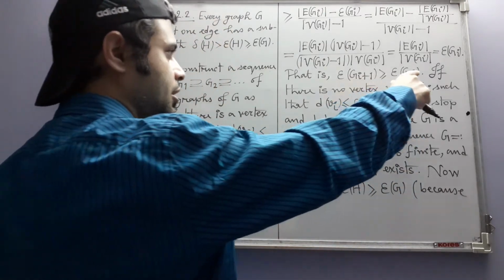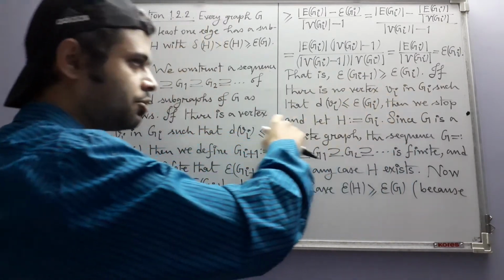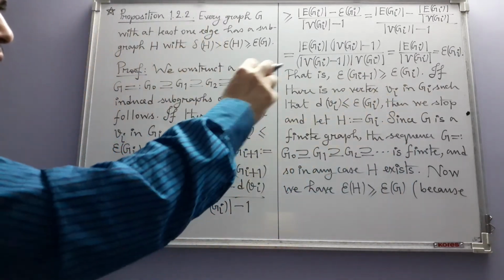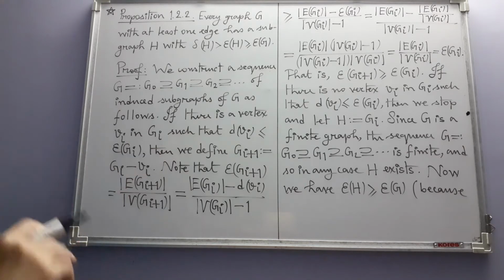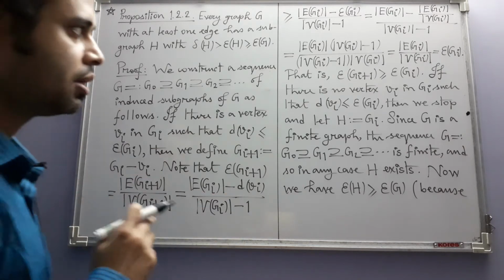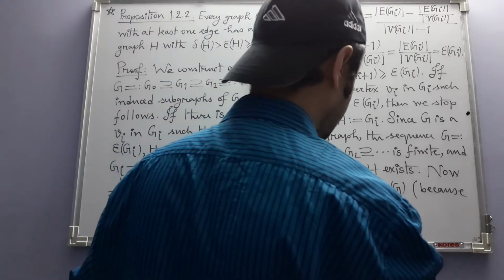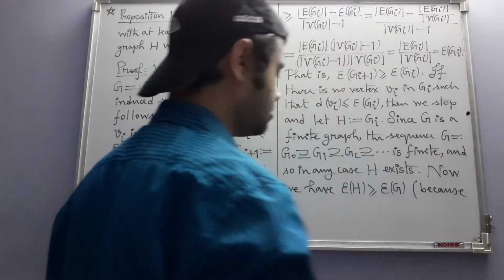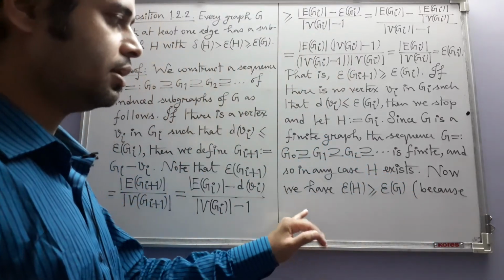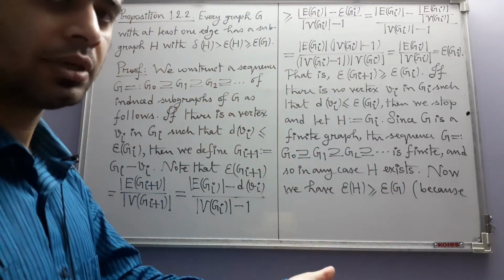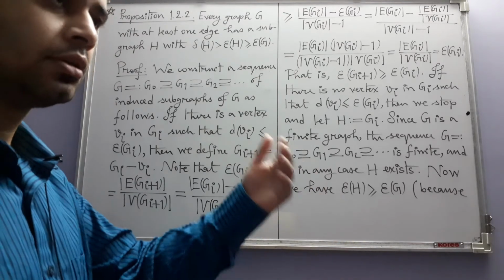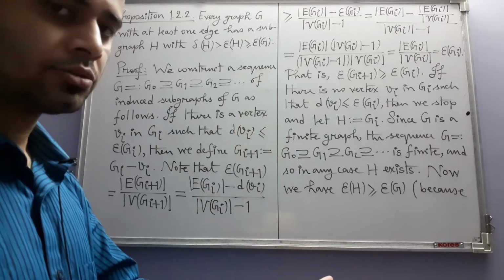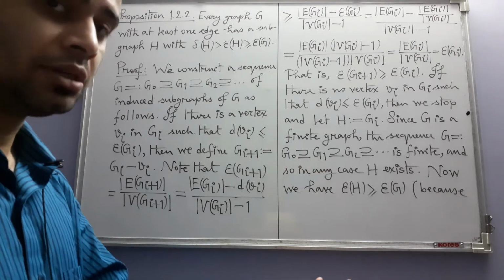And since we are going on removing more and more vertices, these inequalities will come together and they will tell us that the final graph in our sequence has average degree greater than or equal to the average degree of the previous graph, which itself is greater than or equal to the average degree of its previous graph.